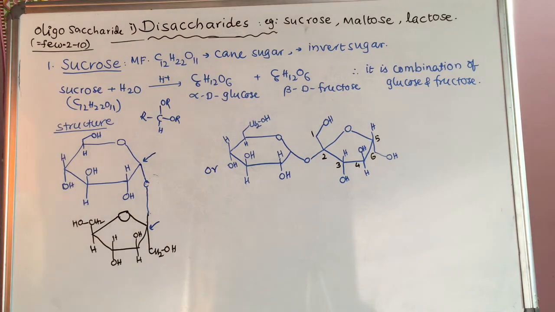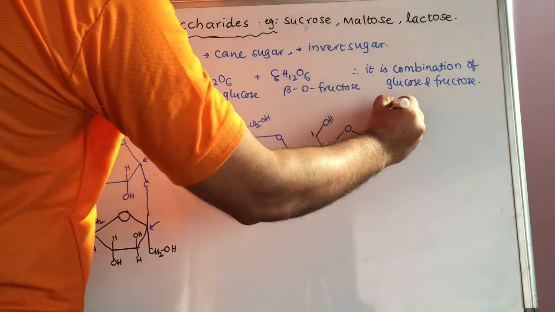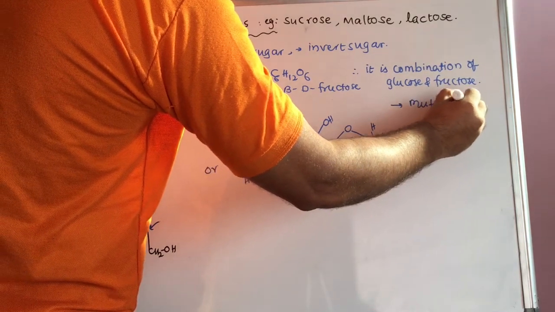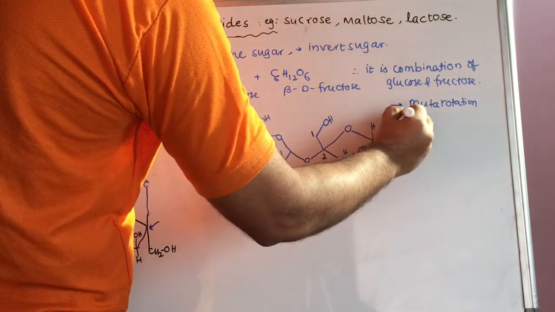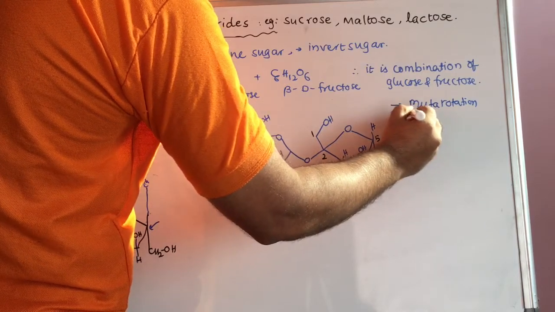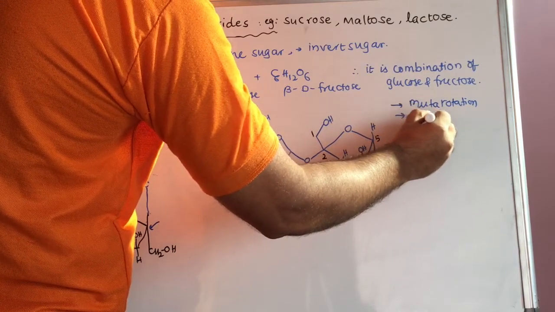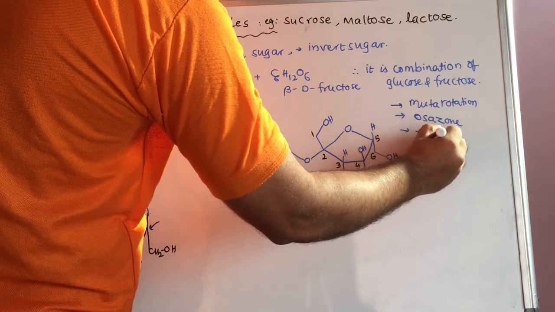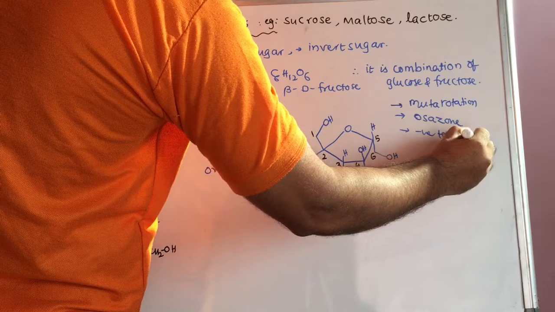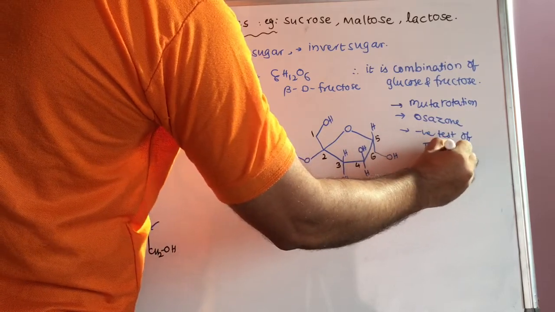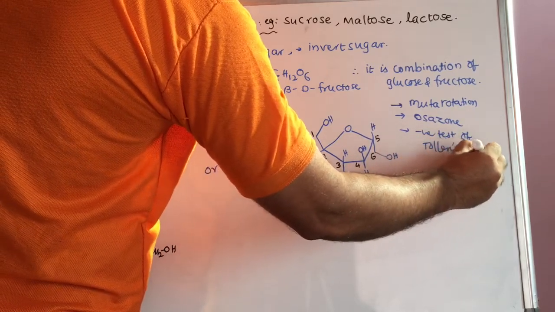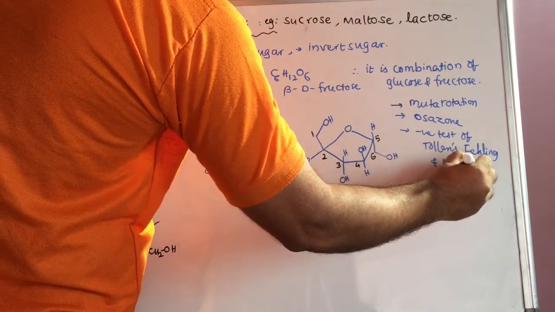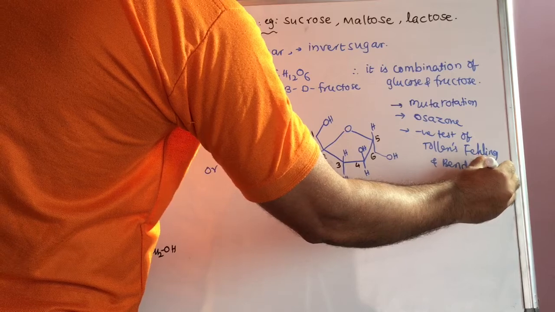That's why it does not show mutarotation, it does not form osazone, and it gives a negative test with Tollens, Fehling, and Benedict reagent.